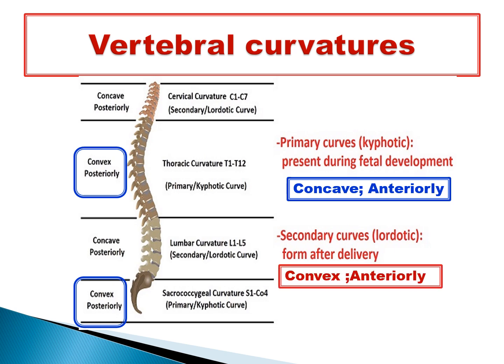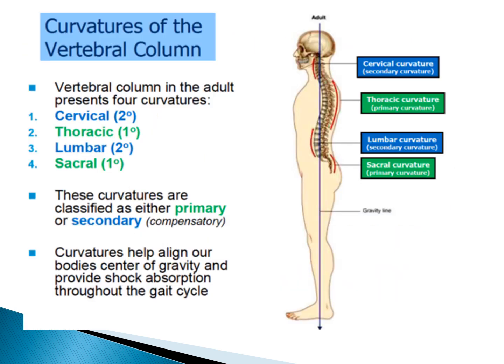Secondary curvatures develop after the birth. They are convex anteriorly. They are present in the cervical and in the lumbar region. Cervical develops when the child holds up its neck, and lumbar curvature develops when the child starts walking.